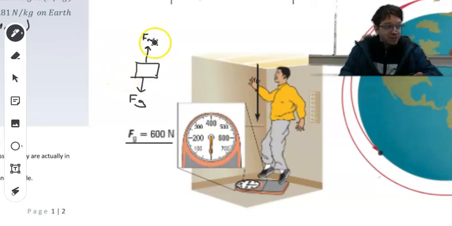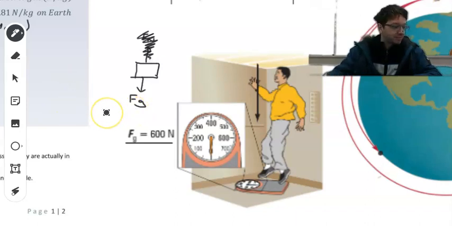Now, when you fall, there's no more normal force. There's only gravity. So you can say both you and the scale are in free fall, but the scale is actually measuring that normal force. And since it's not anymore, it's going to read 0.